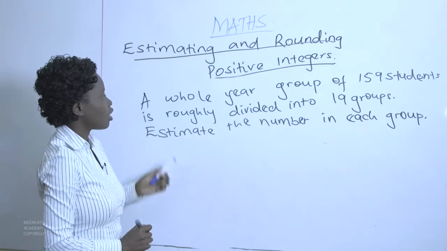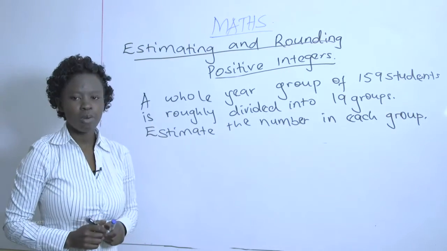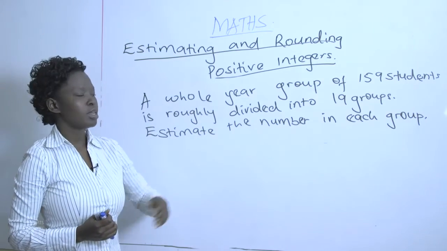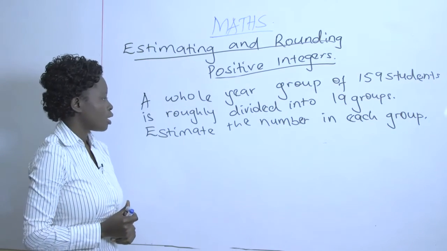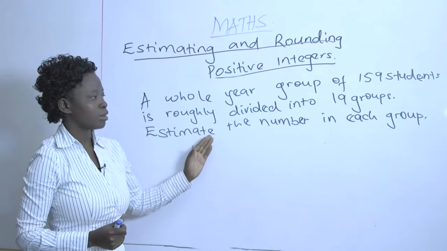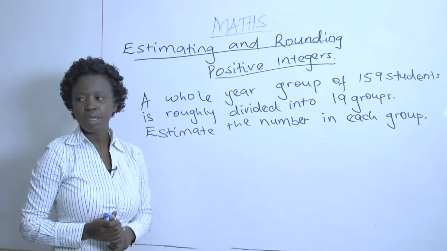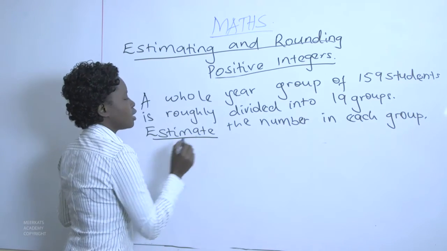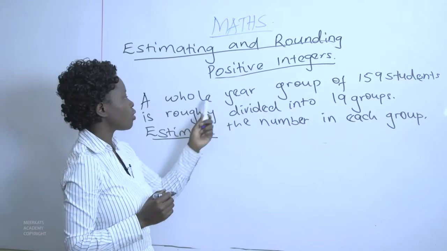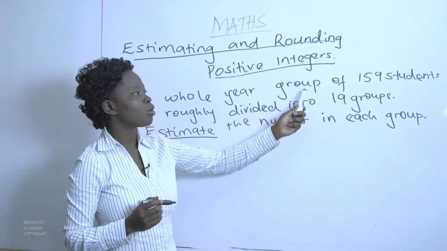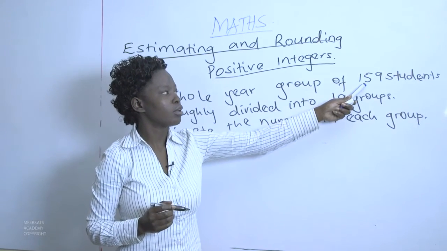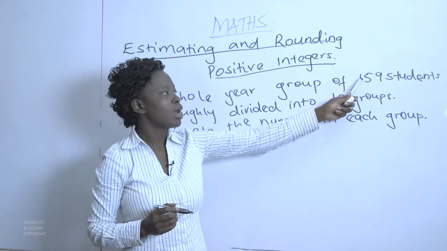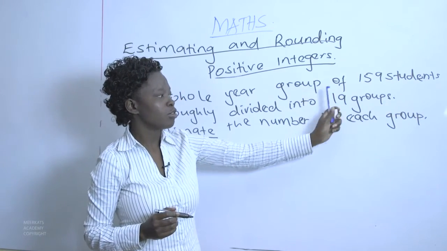So we have here a group of 159 students is roughly divided into 19 groups. So we are asked to estimate the number in each group. So the total number of students that we have are 159.